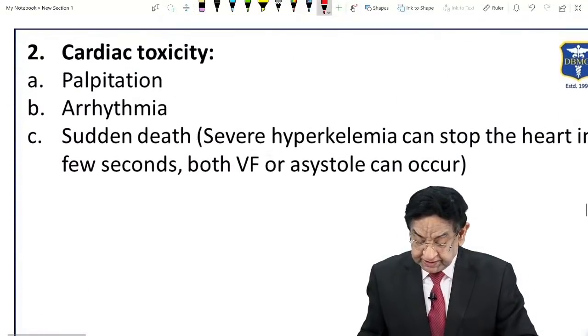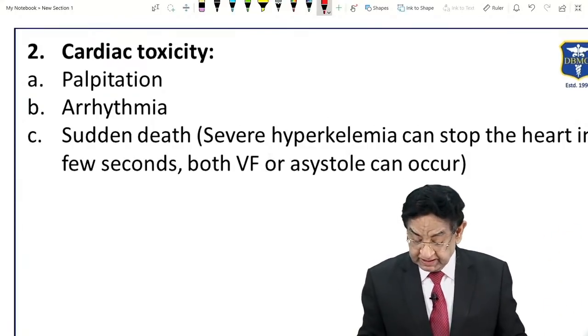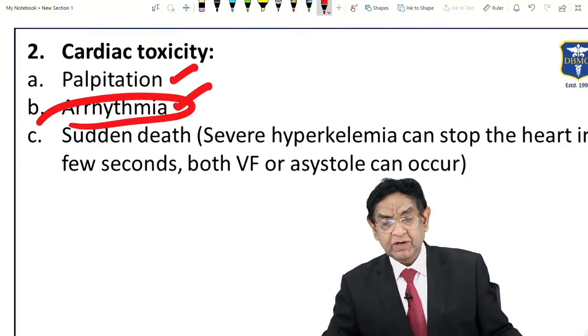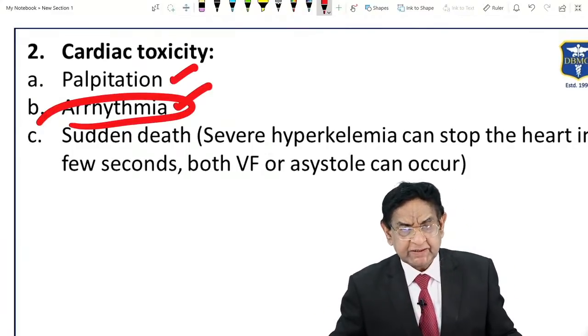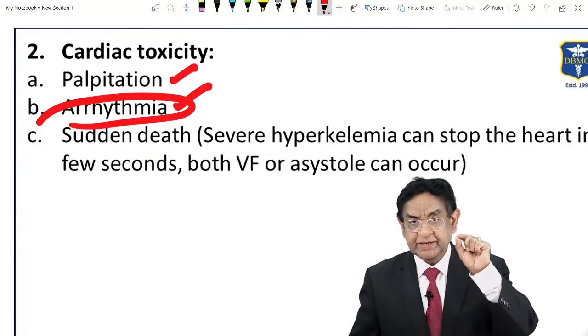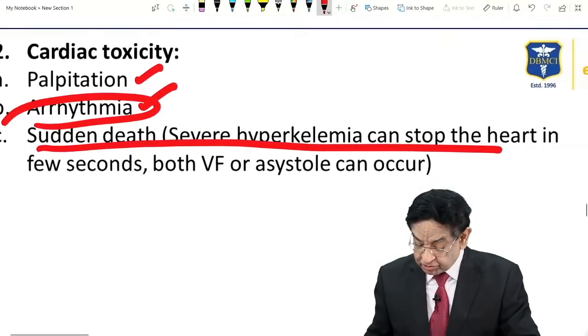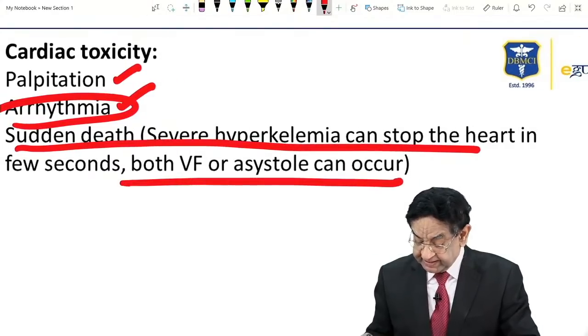Cardiac toxicity it can lead to. So this was regarding muscles. It can lead to palpitation, it can cause arrhythmias. One golden line to remember is that whenever we have potassium toxicity, either hypo or hyper, it leads to arrhythmia. It can lead to sudden death. Hyperkalemia can cause VF and asystole.